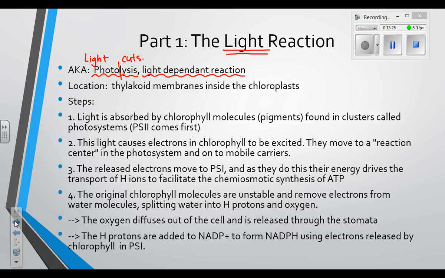In light-dependent reaction, it's the word dependent that's really key. This reaction depends on light. It cannot function without light. Now, where does it happen? It happens on the thylakoid membranes, and you could say the granum because that's a stack of thylakoid membranes inside the chloroplasts.